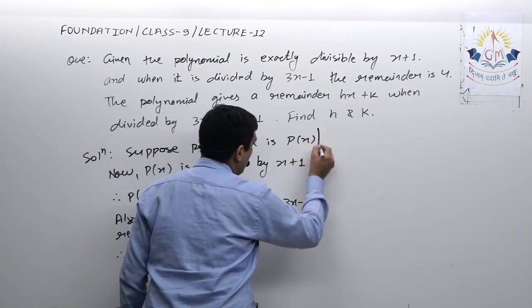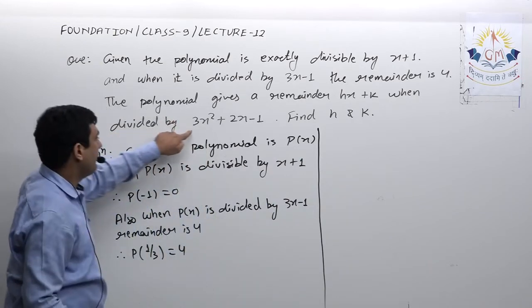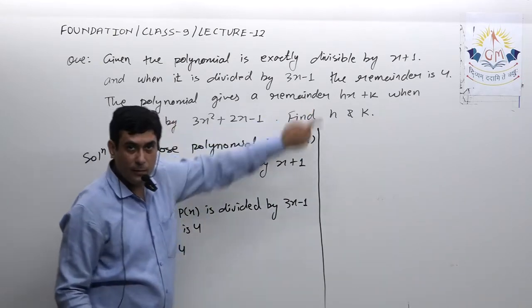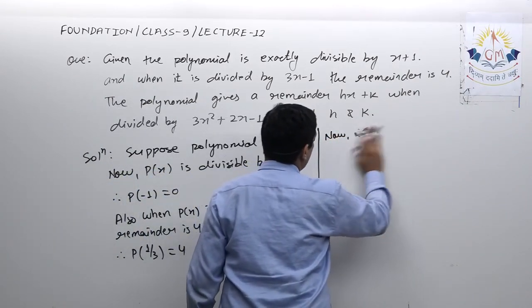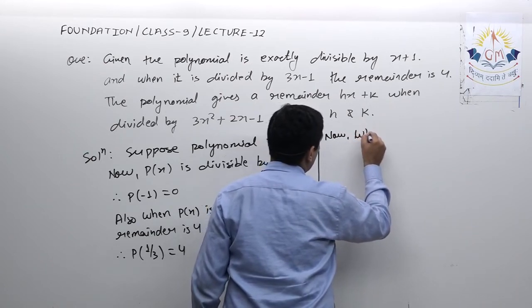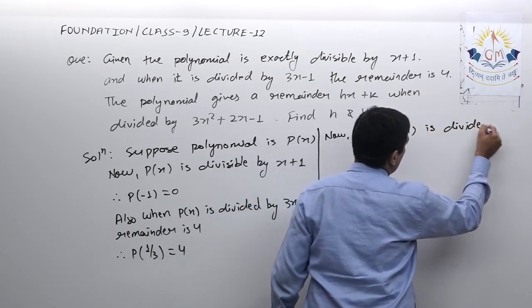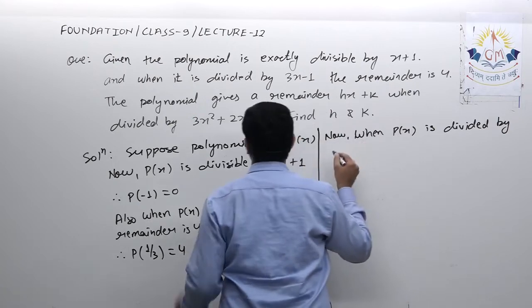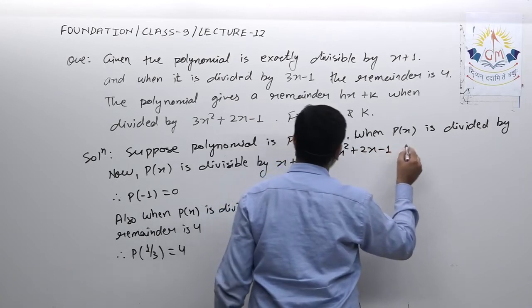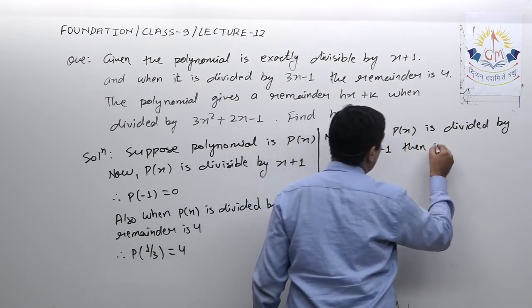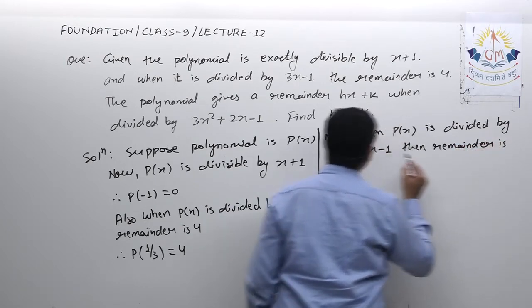Okay, now it is given when px is divided by 3x square plus 2x minus 1, then remainder is hx plus k.